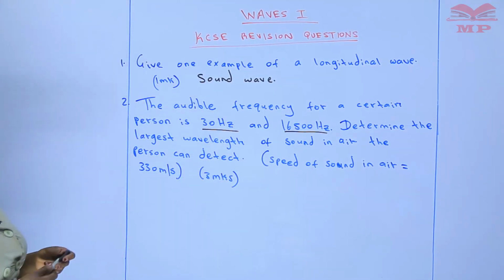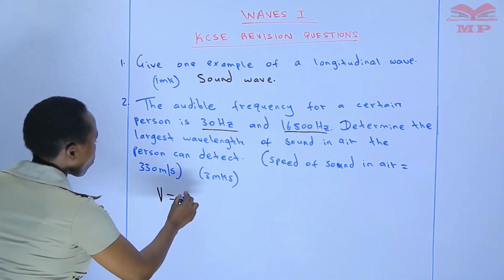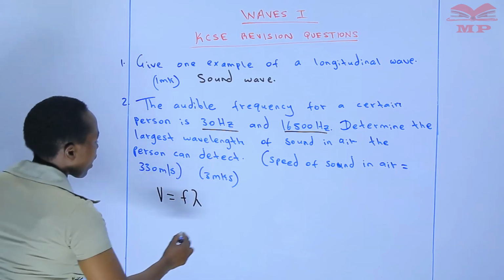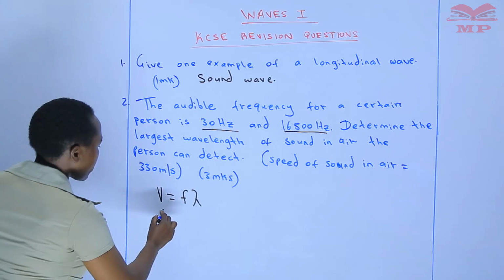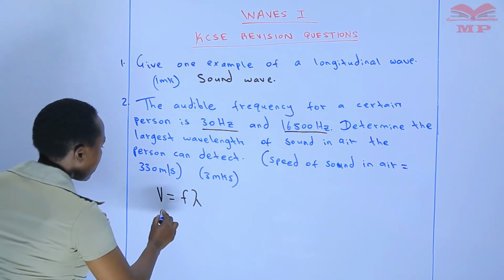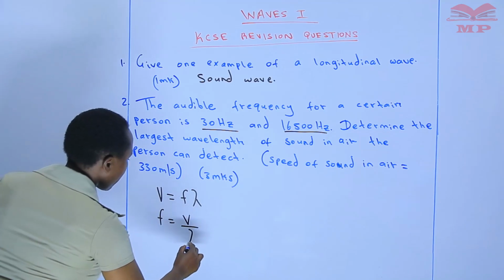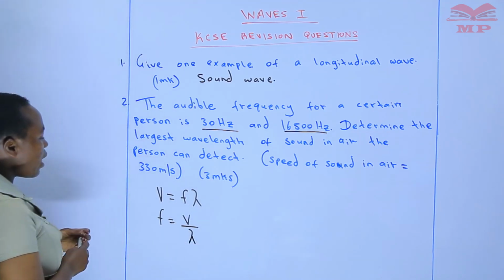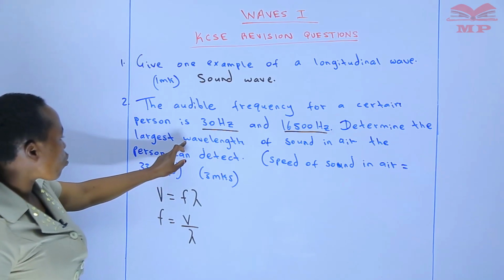Or we can simply say we know that the wave equation is V equals frequency multiplied by wavelength, and therefore if we make frequency the subject of the formula, we have the speed divided by the wavelength. We are told to determine the largest wavelength.